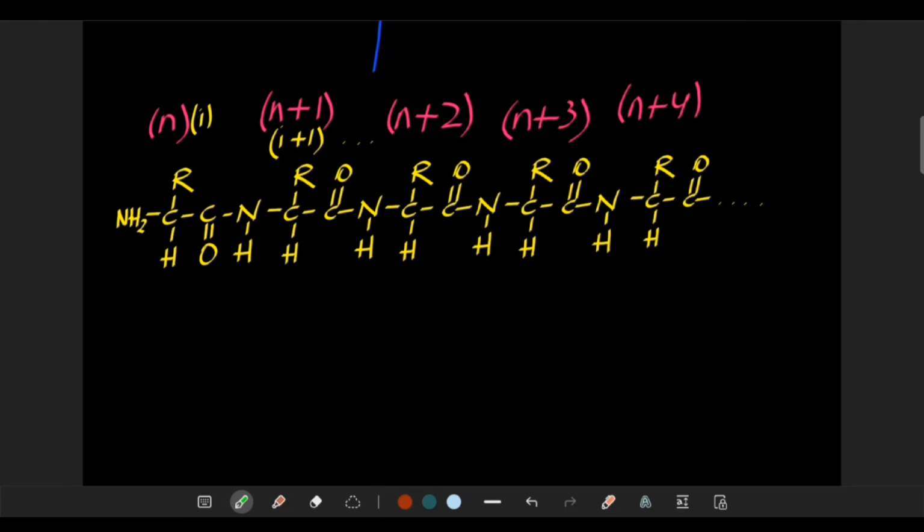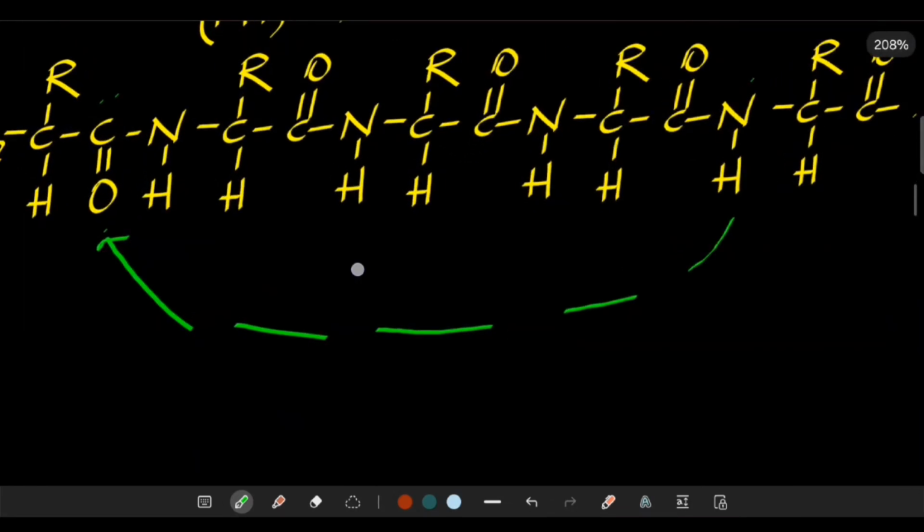If I just want to show you, this is the first carbonyl, right? This is the first amino acid carbonyl group, and this is the amino group of the fifth amino acid, right? So this hydrogen will try to form a bond with this oxygen, and this will be termed as alpha helix.